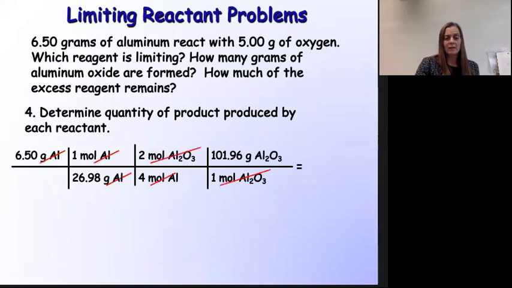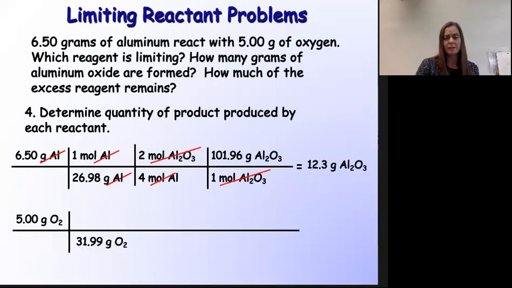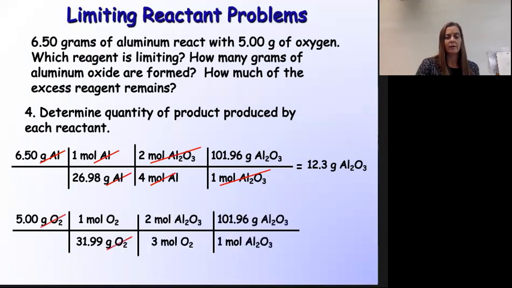This gives me 12.3 grams of aluminum oxide. I'm going to repeat the process beginning with the oxygen, and we're going to find that we can only make 10.6 grams of aluminum oxide.